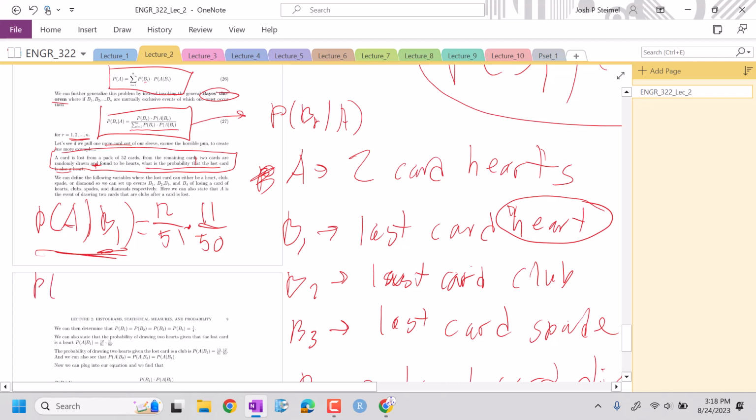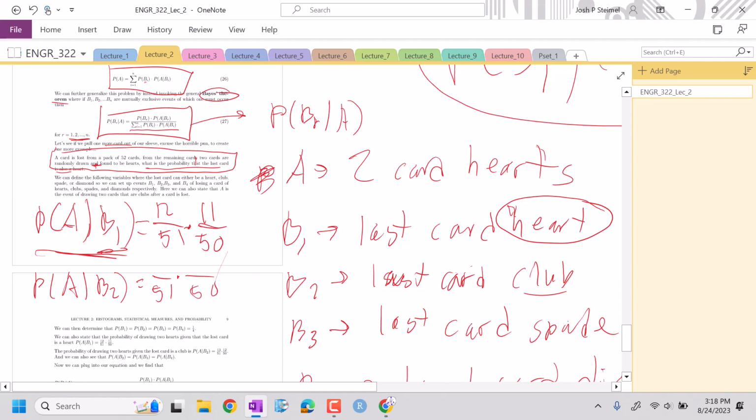What about the next scenario? What is the probability that I'm able to pull 2 hearts from a deck given that the lost card now is a club? Well, I've still got the same 'and' statement. So I've got 51 cards and then 50 after I pull.